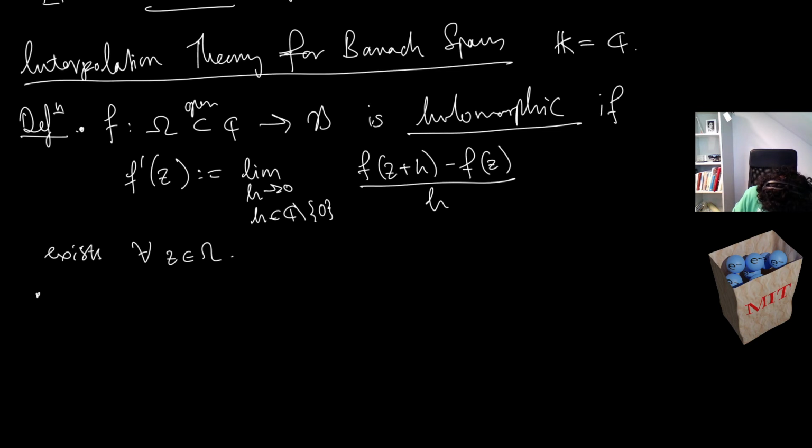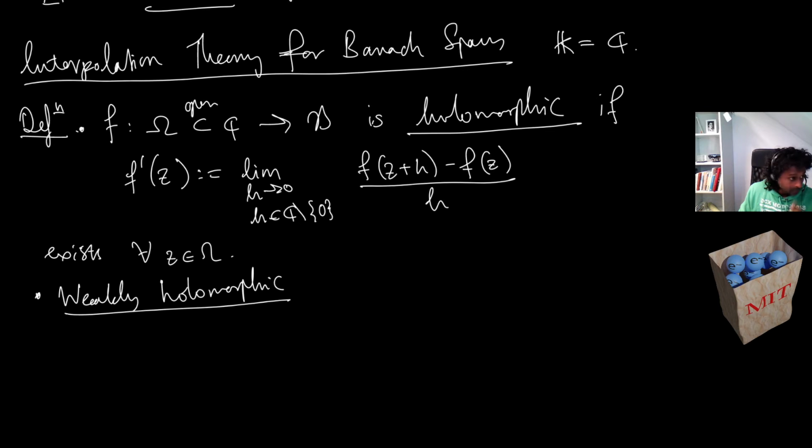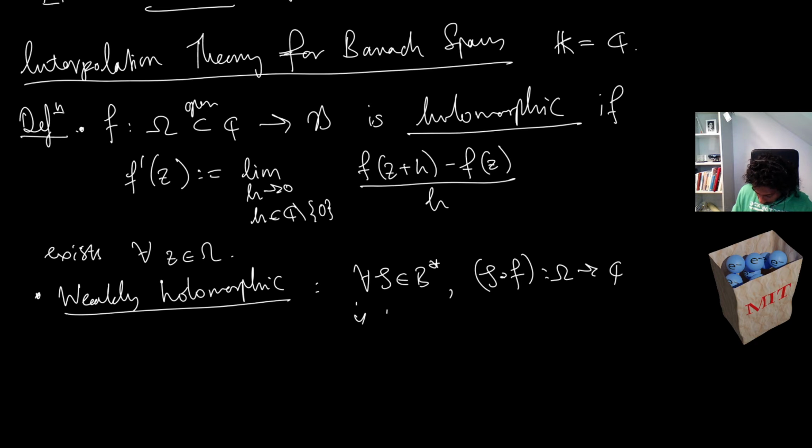Similarly, we have a notion of weakly holomorphic. So f is weakly holomorphic if for all zeta in the adjoint space, we have zeta composed with f, which is again a function from omega back into C, is holomorphic.